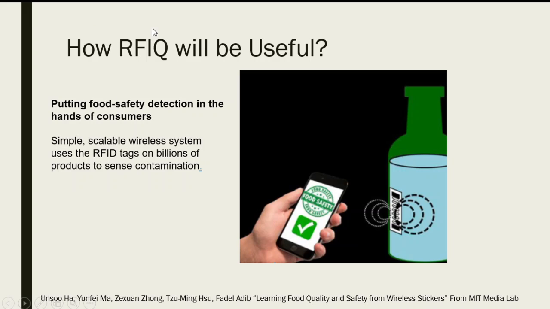That is why this RFIQ, the newer version of the RFID systems, will be changing the world.